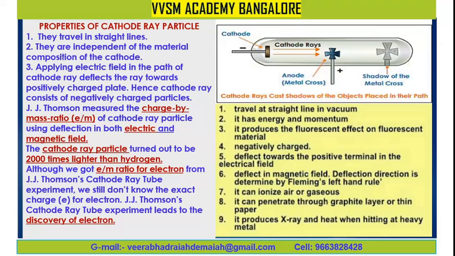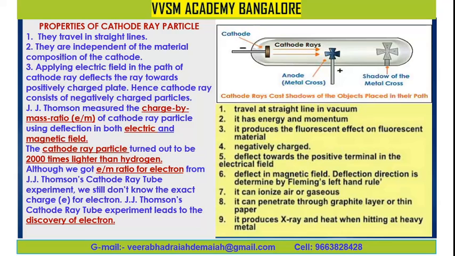The cathode rays consist of negatively charged particles, and they deflect toward the positive terminal in an electric field. When cathode rays are subjected to an electric field and a magnetic field, they deflect toward the positive terminal because they are made up of electrons. The deflection direction is determined by Fleming's left-hand rule, that is the magnetic effect.